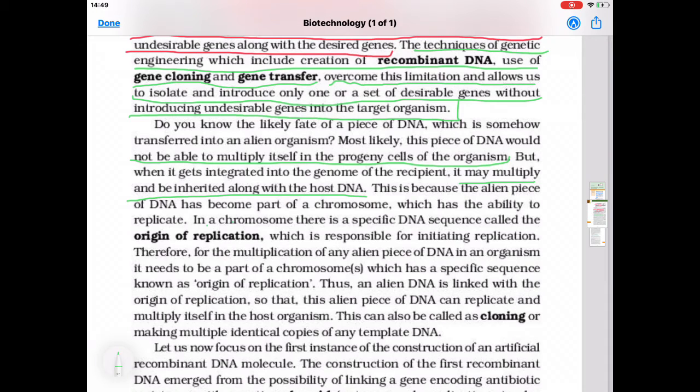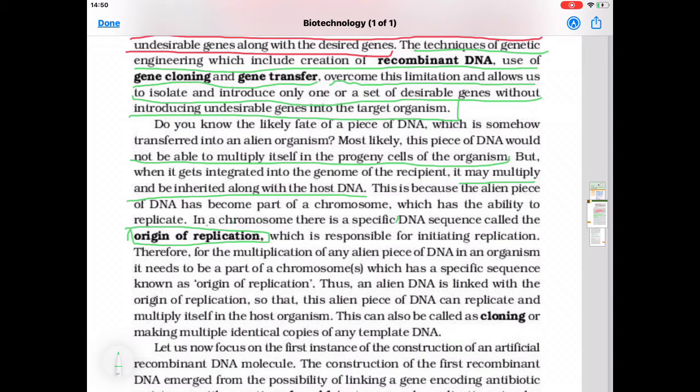This is because the alien piece of DNA has become part of a chromosome which has the ability to replicate. When the DNA replicates, this newly entered DNA also replicates with the host DNA. In a chromosome, there is a specific DNA sequence called the origin of replication, which is responsible for initiating replication. So in the DNA, there is some sequence from where the replication starts.